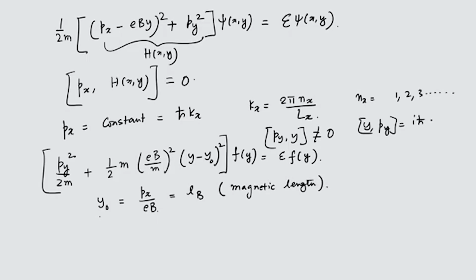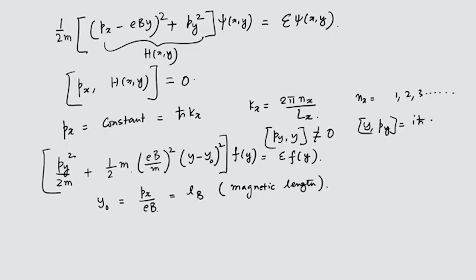Okay. Now this tells you that there is a Py squared, and then there is a half m into some cyclotron frequency. So it's a half m omega squared, and then y minus y0 squared, and then you have this wave function which is only a function of y, and that's why from psi xy we have written f of y, and then energy into f of y.